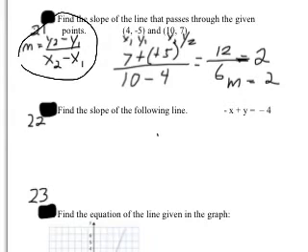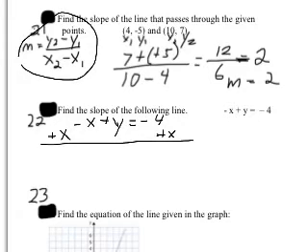So we've got -x plus y equals -4. Alright, so let's add x to both sides. And we get y equals x minus 4. So the slope is right here, which would be 1. It's understood. So m equals 1.